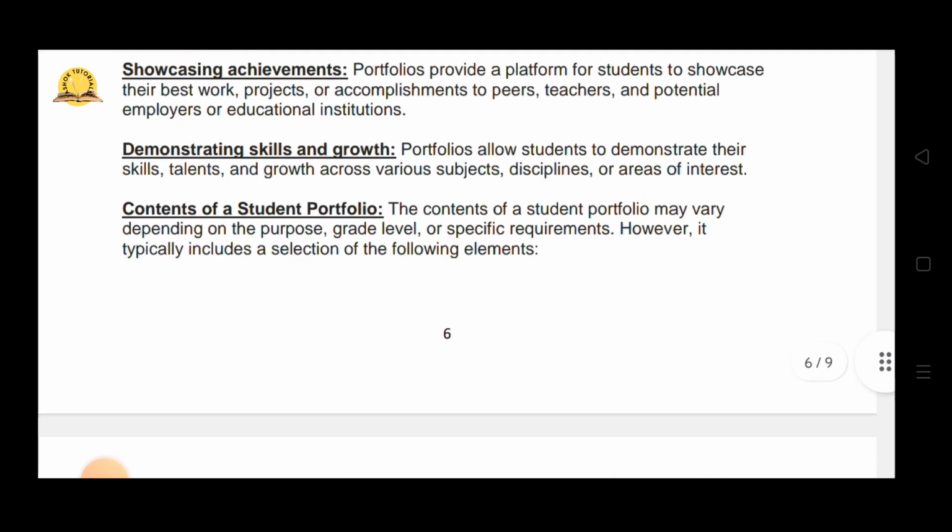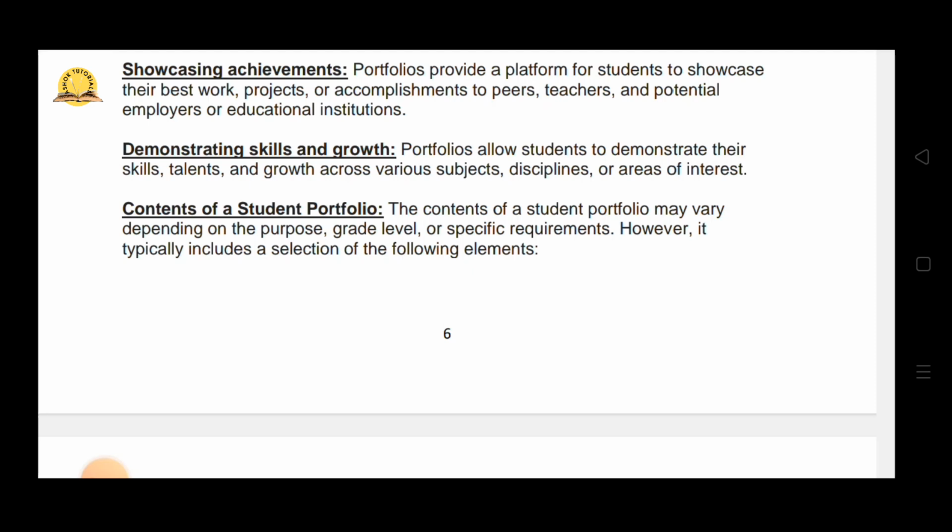Now let's see showcasing achievement. Portfolios provide a platform for students to showcase their best work, projects or accomplishments to peers, teachers and potential employers or educational institutions. So you know, when we are maintaining a portfolio, there we will include the achievements the students have, the best work they have done, the prizes they have won, their different types of achievement in co-curricular activities and academics, the projects they have done, the paintings they have done, and the cultural items they have participated in.